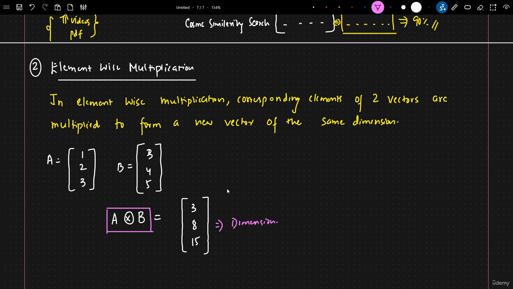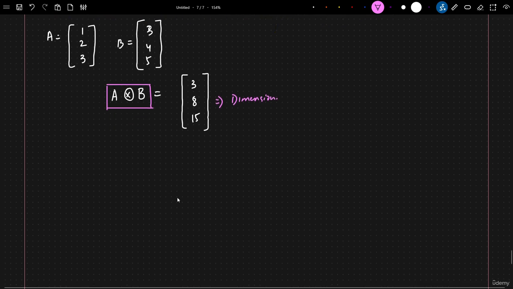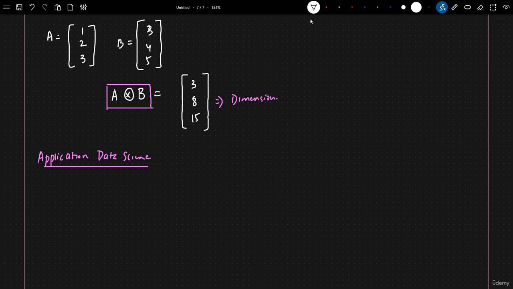Now, why do we specifically use this? And again, with respect to applications in data science, I will just go ahead and talk about it. Application in data science. Let's say that I have an e-commerce website, and in this e-commerce website specifically, I will talk about feature engineering.